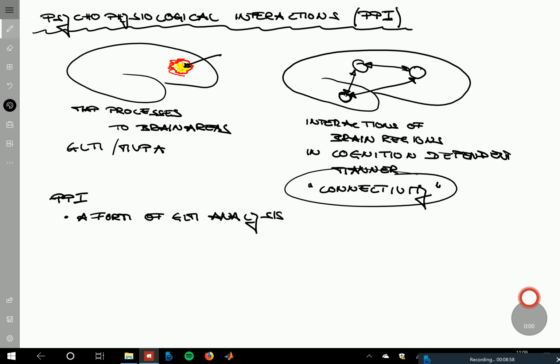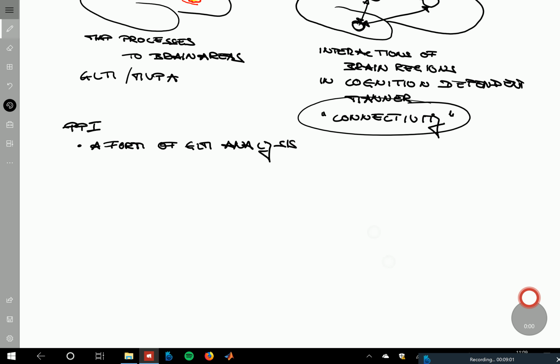And it's actually a fairly specific form of GLM analysis. Maybe it's an ANCOVA, so an analysis of covariance with interaction. And because this is the case, and because it's implemented in a GLM manner, it pays to appreciate PPI from the perspective of the GLM, meaning from the perspective of ANCOVA.